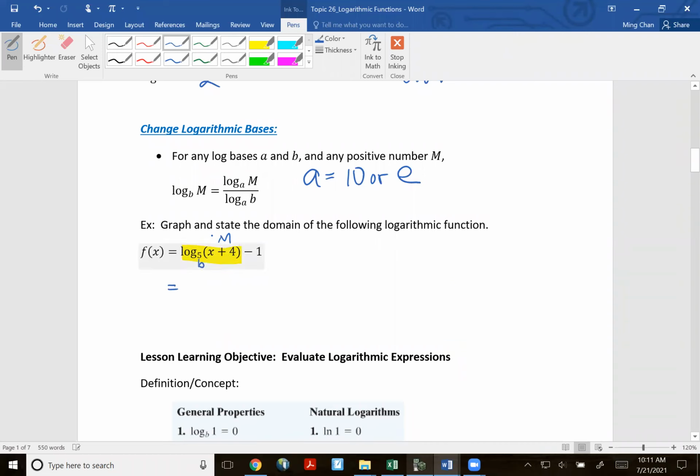Once I change this logarithm base to a base a, where a can be 10 or e, I'm going to use 10 first. So that would be log with base 10 of m, which is x plus 4, over log with base 10 of b, where b is 5.